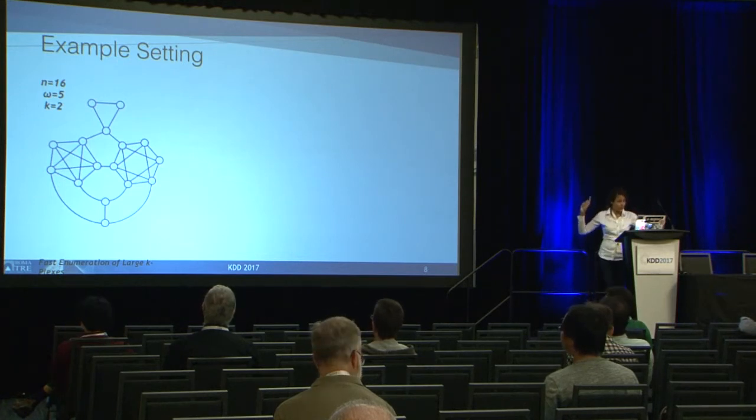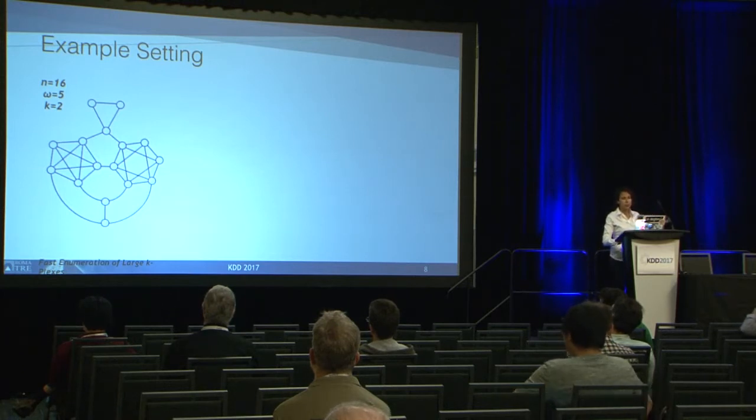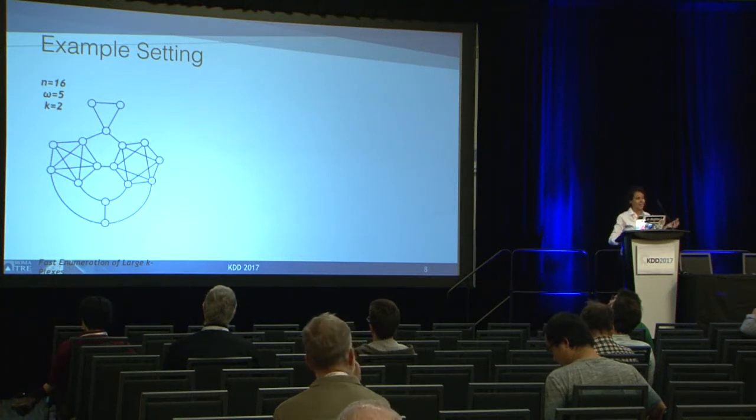We have a very simple graph here. In this graph we have 16 nodes. The largest clique has size 5, and consider that we want to find 2-plexes. As I said previously, you can have a lot of 2-plexes also in very trivial structures.